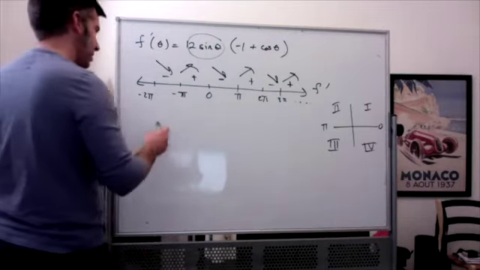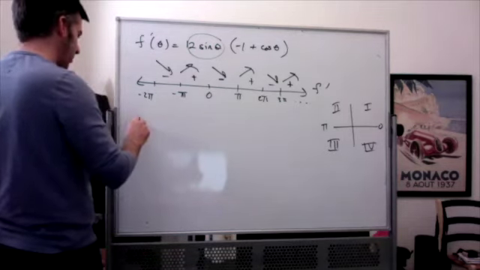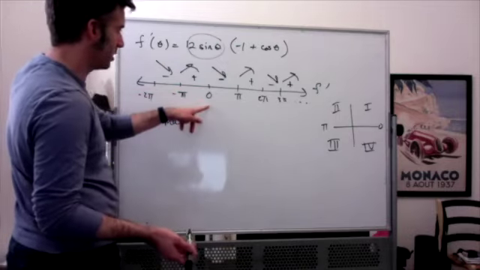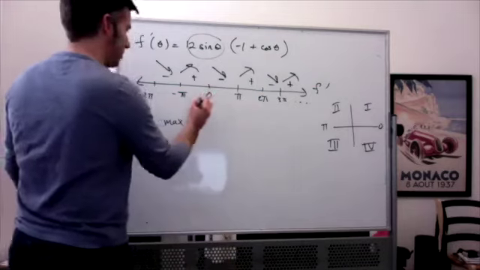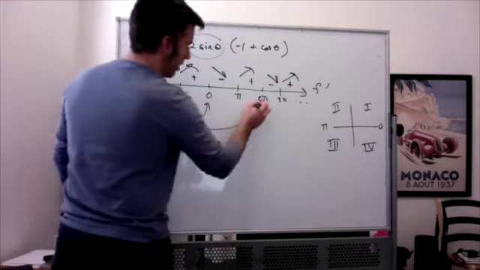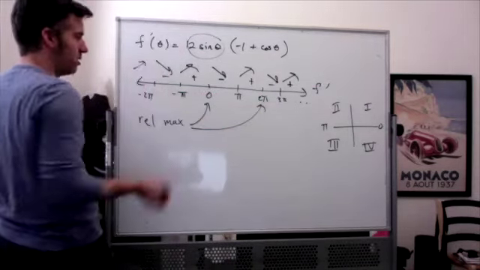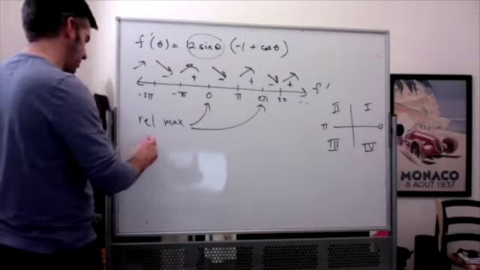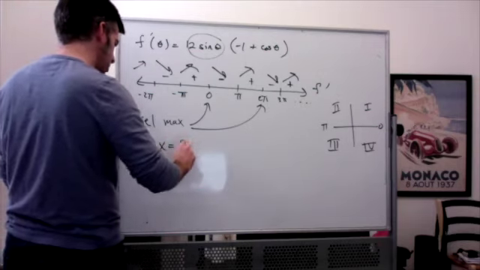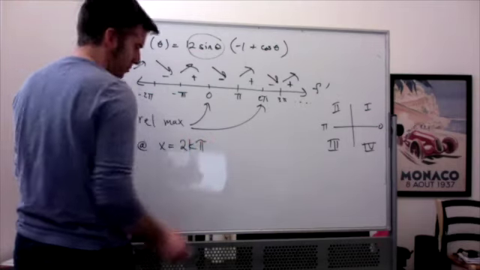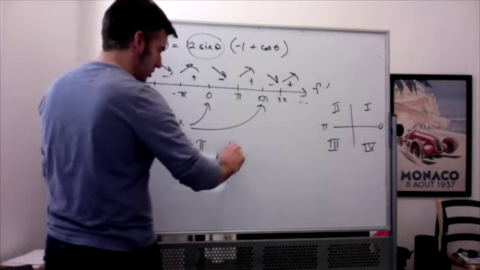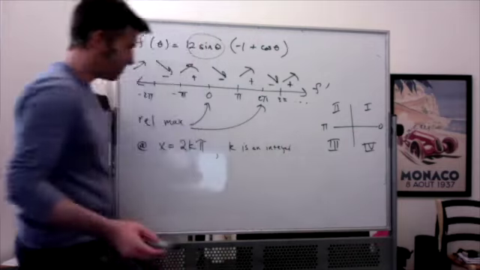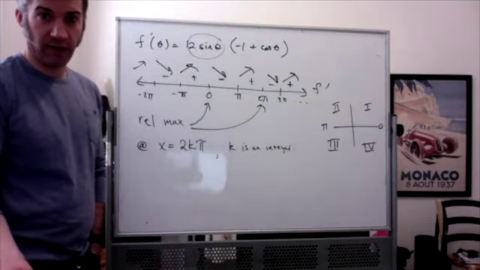We have a relative maximum at 0 and 2 pi, and right there, at every even multiple of pi. The relative maximum is at x equal to 2k pi, where k is an integer. Every even multiple of pi gives us a relative maximum.